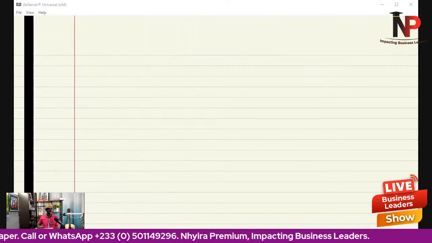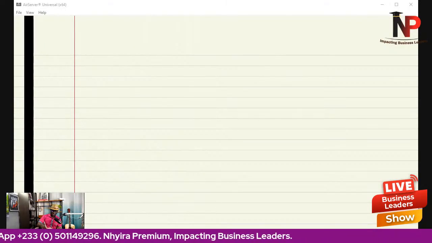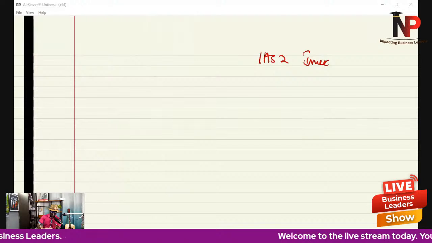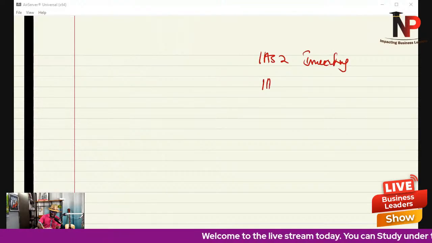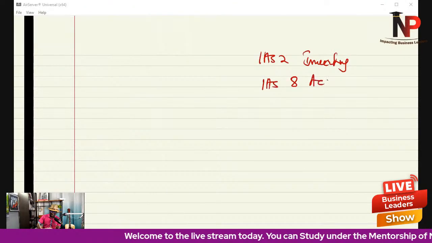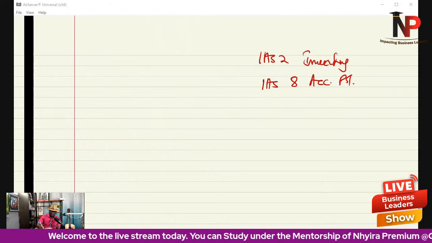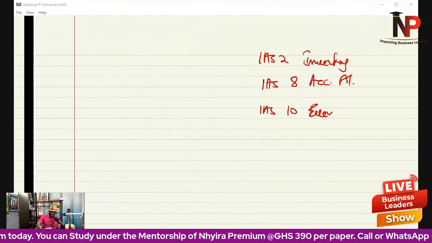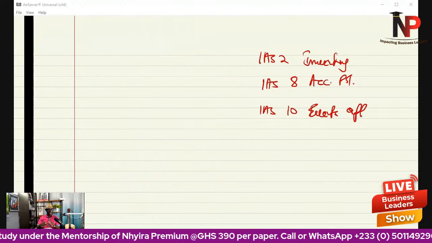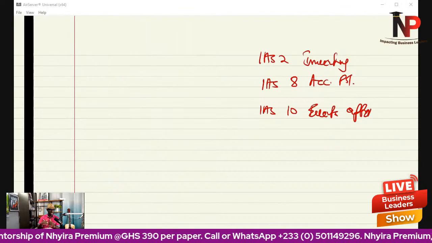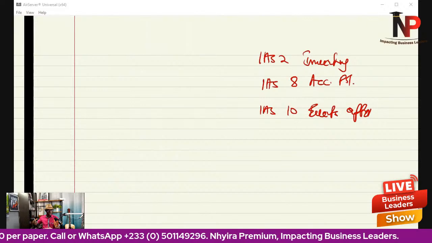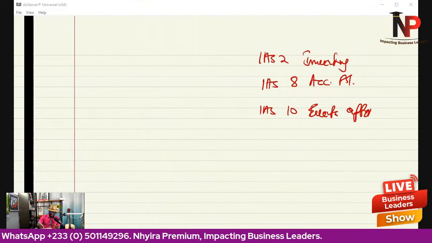Okay, any other questions for me relating to these standards? So in the past few weeks, we've gone through IAS 2, that is inventory. We've gone through IAS 8, accounting policies, changes in accounting estimates and errors. We've discussed IAS 10, events after the reporting period. In case you missed this, you can check the description of this video on YouTube and watch the entire series of these standards that we dealt with.